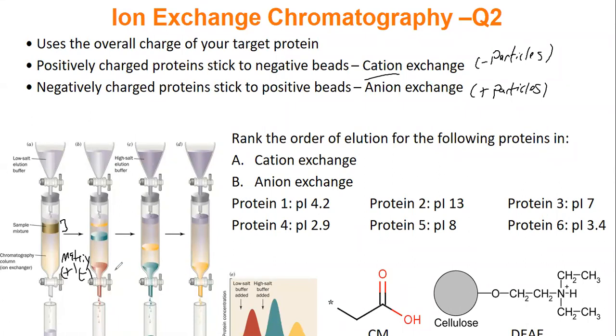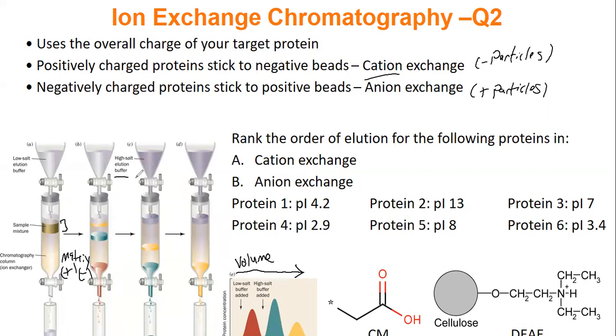The way to knock these proteins off is through salt. That's shown on the graph, and the y-axis is cut off, but the y-axis is basically volume. What you do is add high salt to your column, and this salt will outcompete the proteins that are stuck.